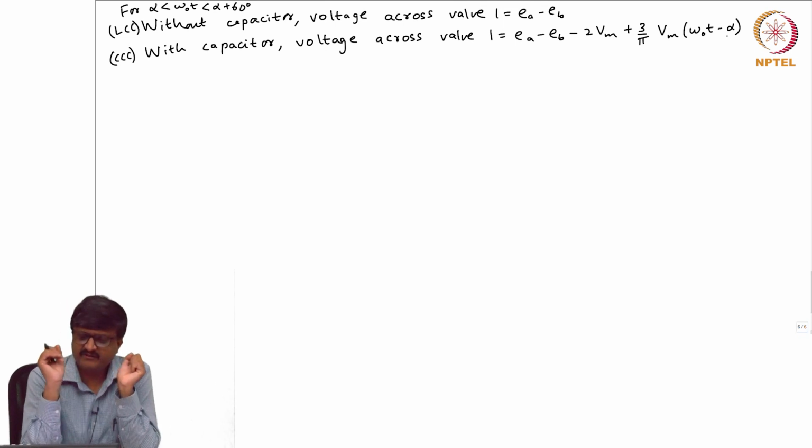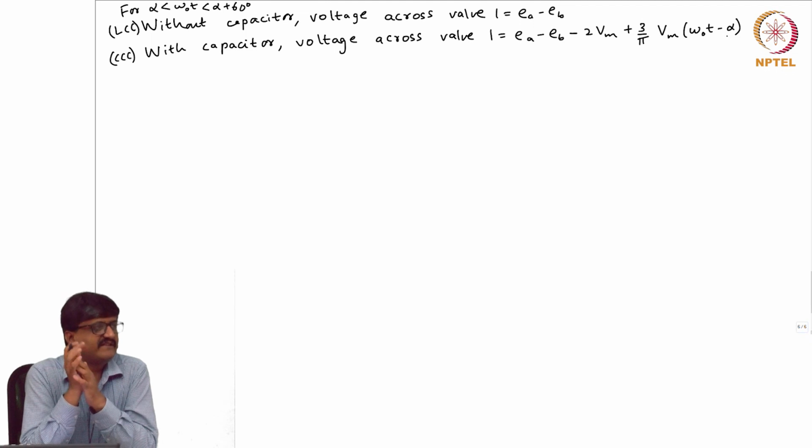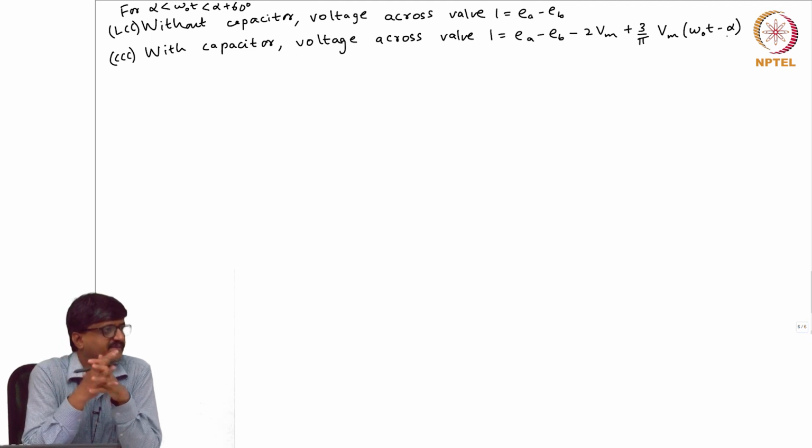Now, what we want is for the voltage across valve 1 to be as negative as possible for as long a duration as possible.